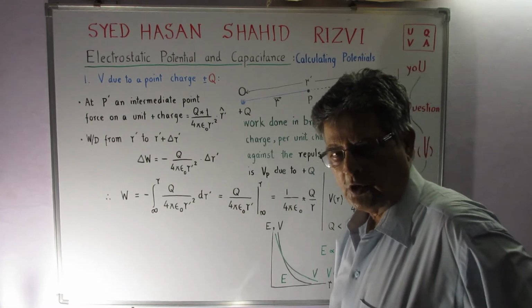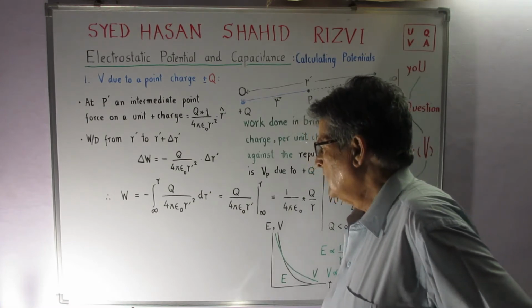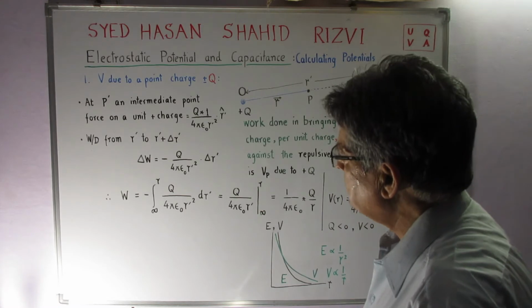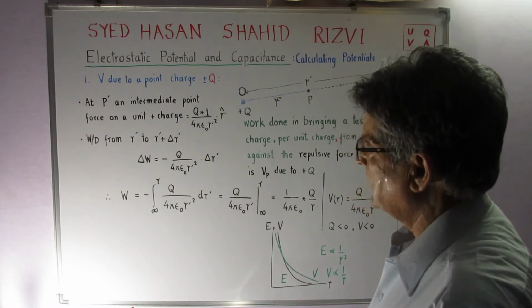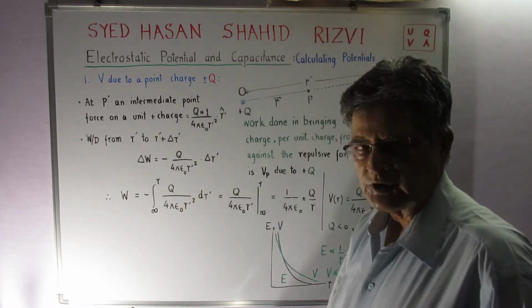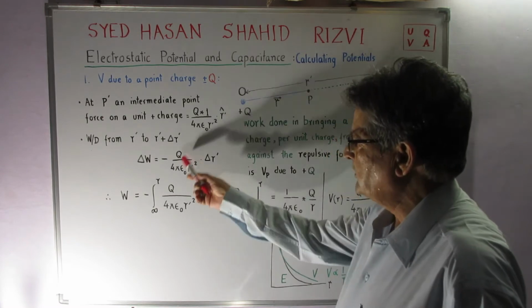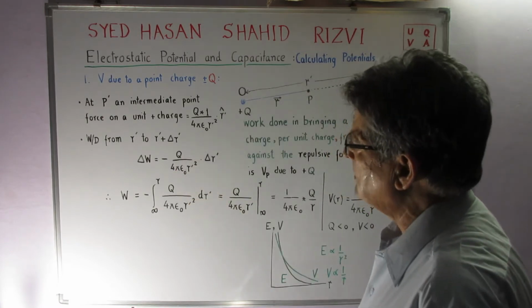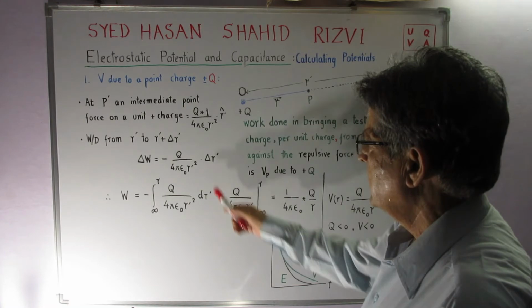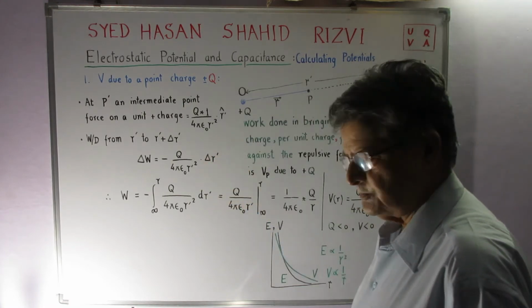Force dot dr, and that is the work done by definition of work done. The minus Q upon 4 pi epsilon naught R dash square into delta R dash.